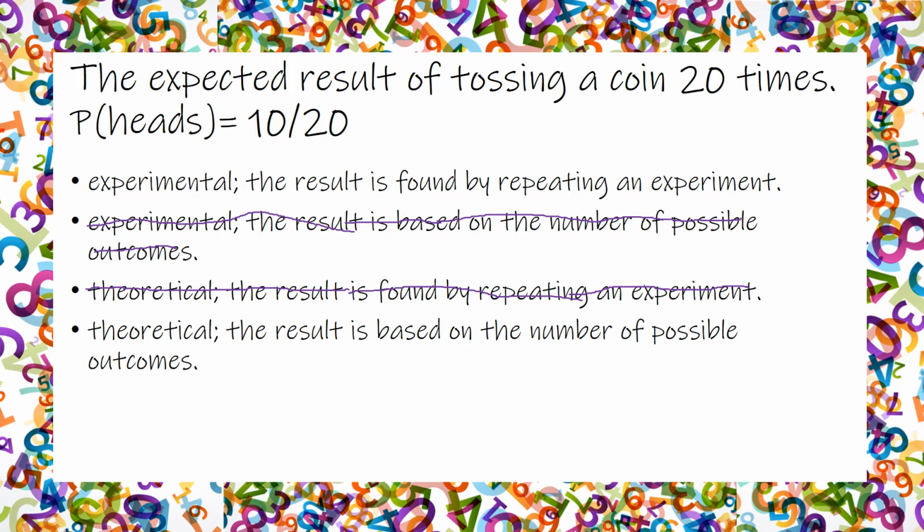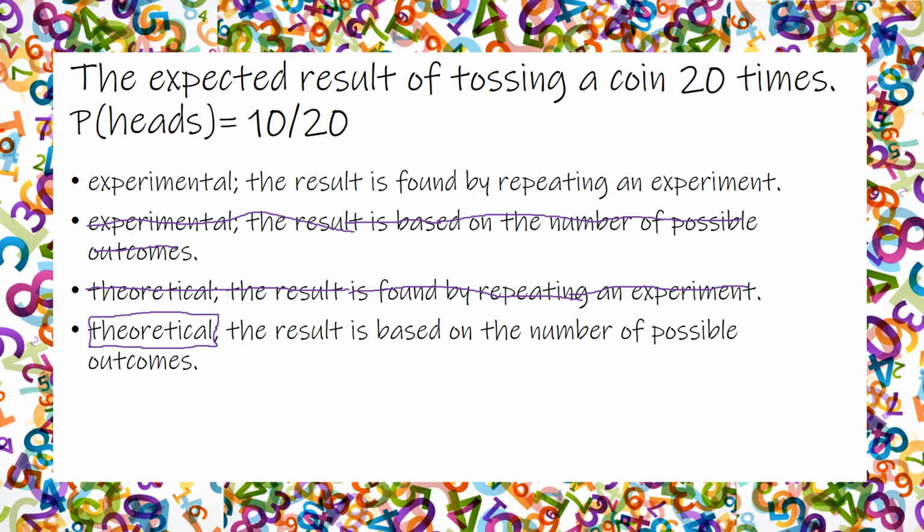But if we look at the probability of tossing a coin 20 times, the only way you'd get 10 out of 20 for it to be perfect probability, and every time you toss it in the air, one time you get heads, one time you get tails, one time you get heads, one time you get tails, only happens theoretically.